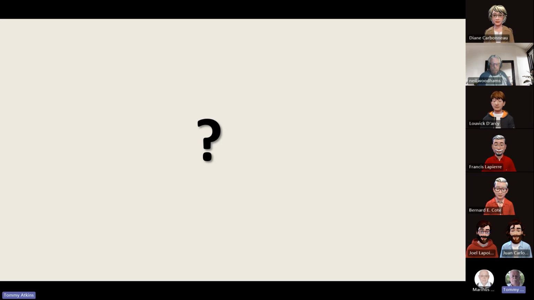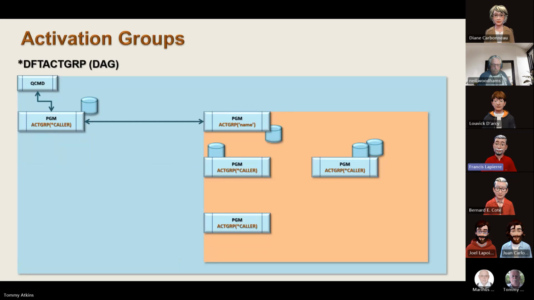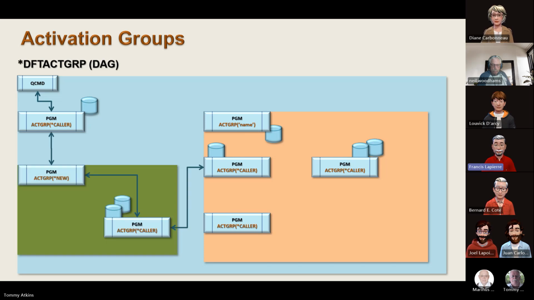Only if you exit that activation group. So let me get back here. I am in the same activation group. Then for some reason, in the green one, the program fails, and I'd like to know if the rollback will be done automatically. If a program like this fails, it will send a message back here, or it must.